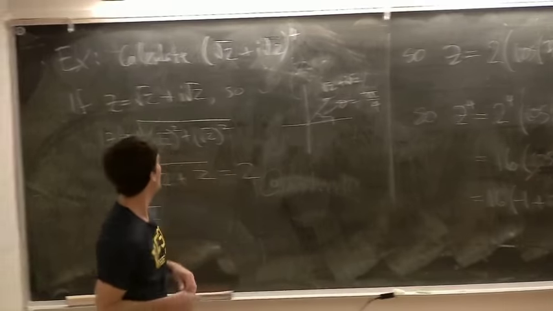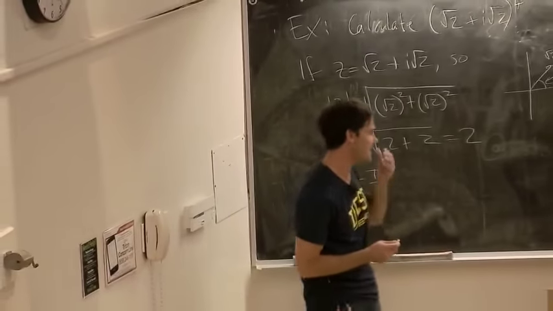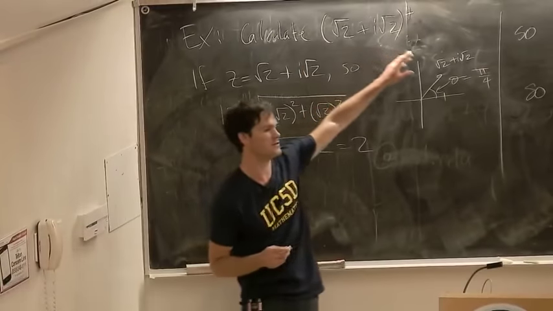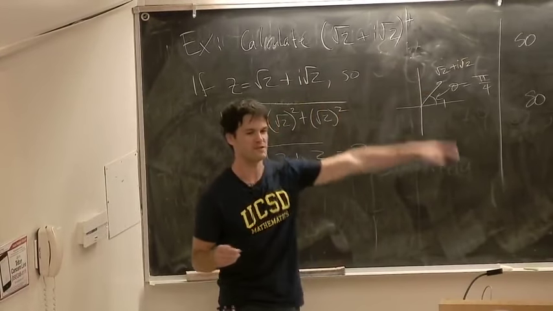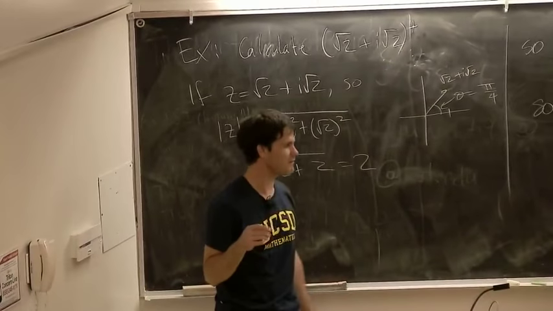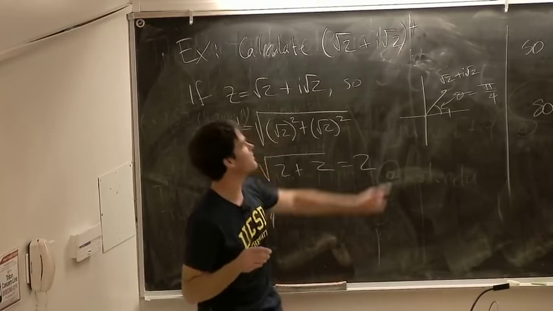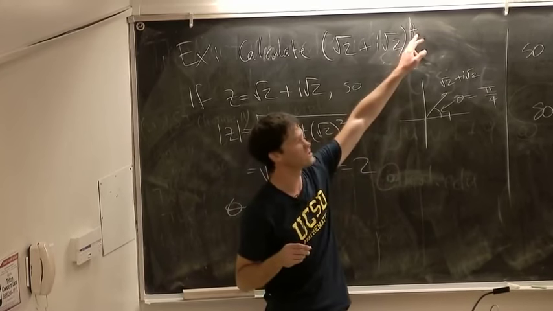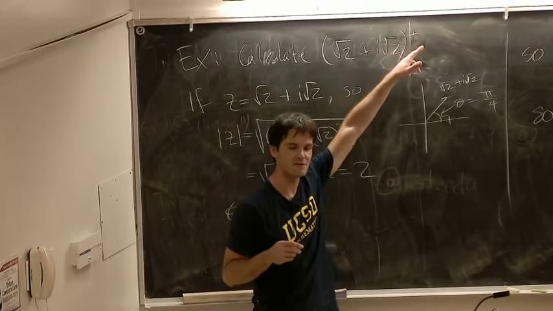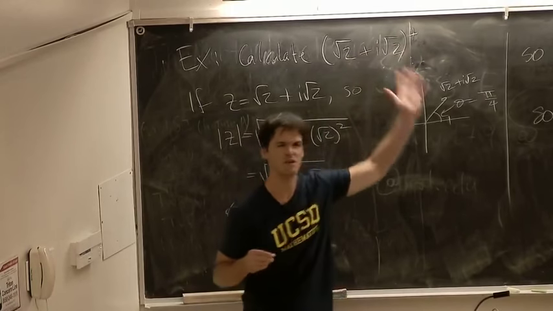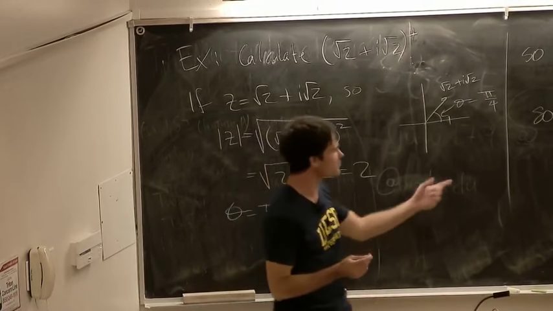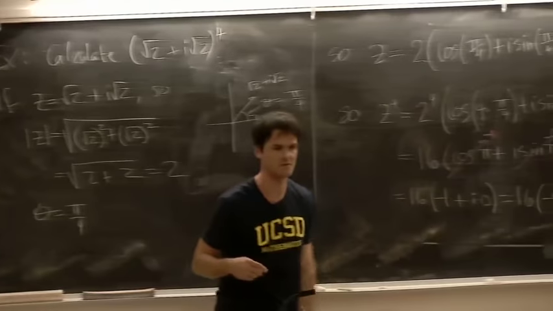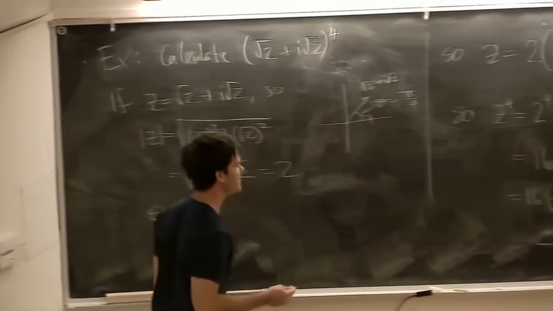So this probably would have taken a lot longer if you actually tried to FOIL this out, and you would have had 4 different terms. And you can imagine, I could have given you a much bigger number right here. I could have given you 40. And it would have been pretty easy to do just using the polar multiplication formula. So this is good.